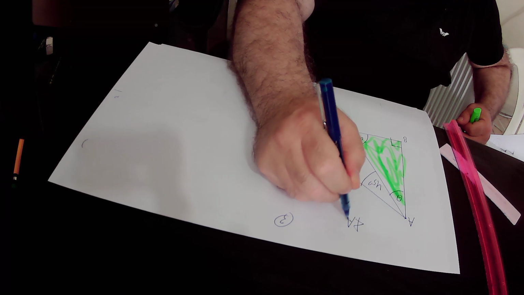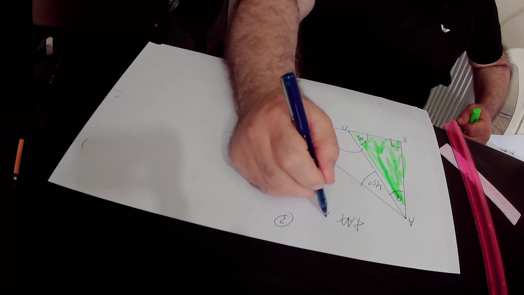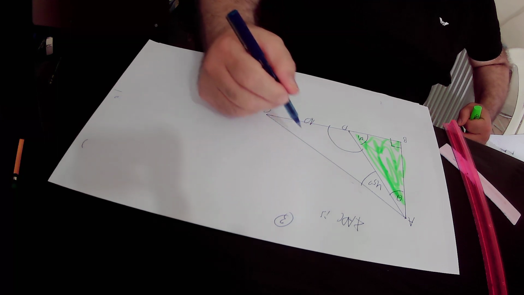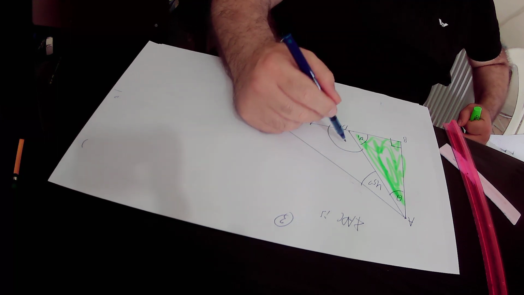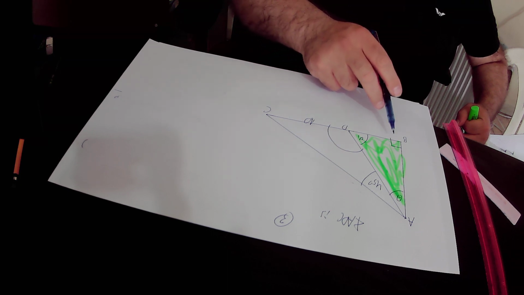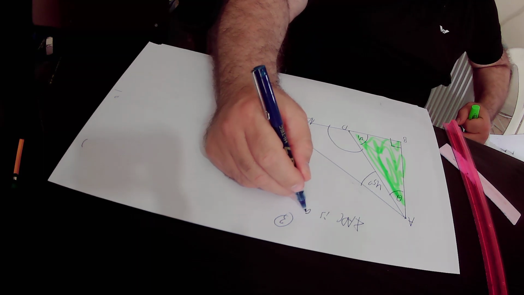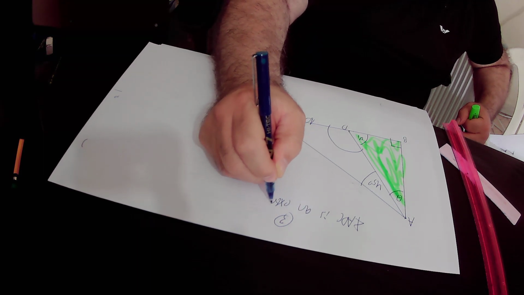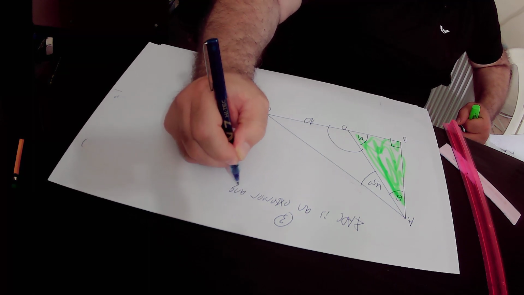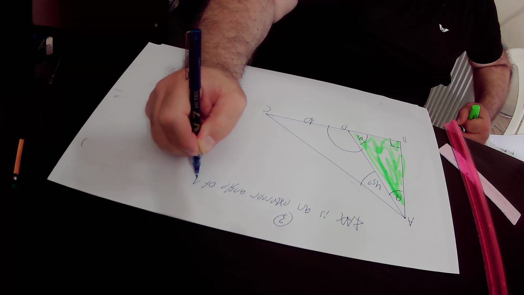Angle ADC is defined as an exterior angle of triangle ABD.